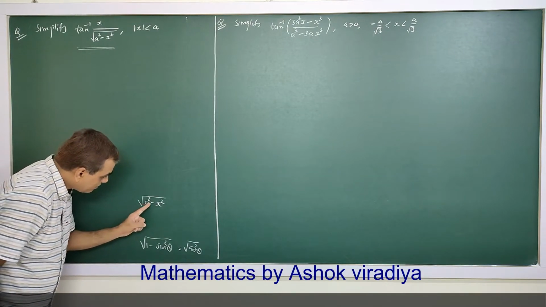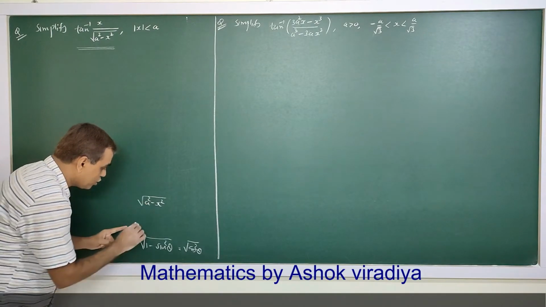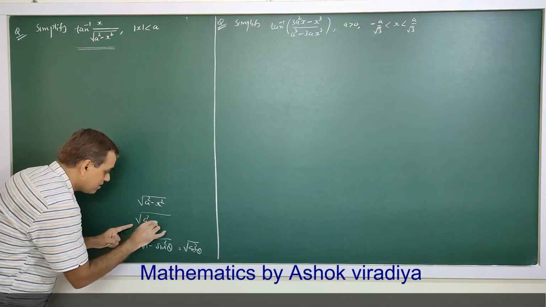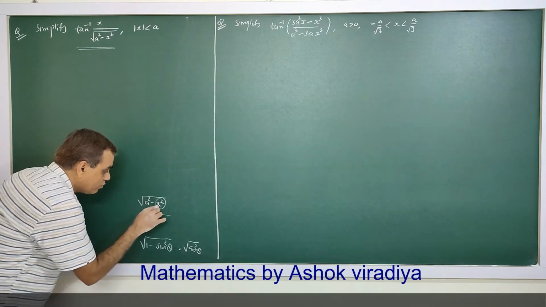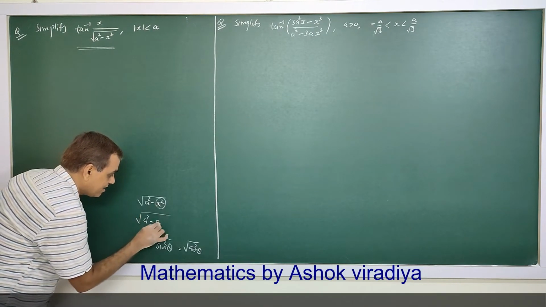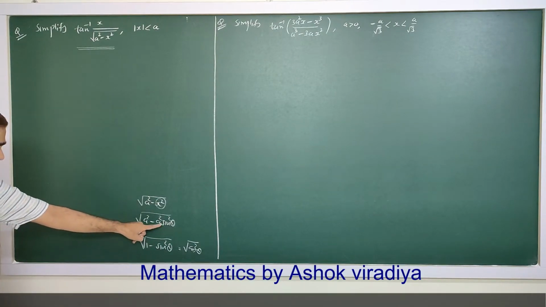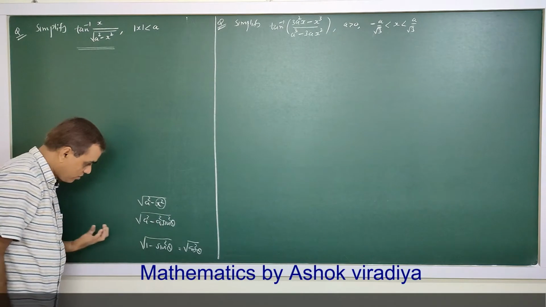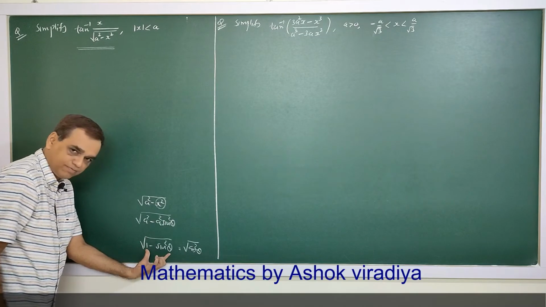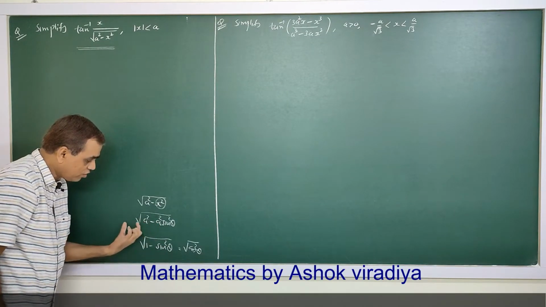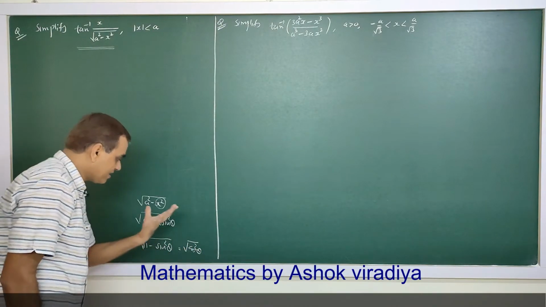Because we need 1 here, we take x equal to a sine theta. Then a square can be taken out, and we get 1 minus sine square theta. After taking a square common, we get the square root of 1 minus sine square, and its value is cos square.